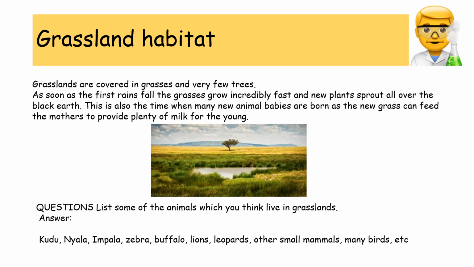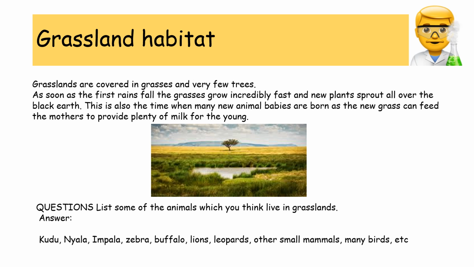What about the grassland habitats? Grasslands are covered in grasses and very few trees. As soon as the first rains fall, the grasses grow incredibly fast and new plants sprout all over the black earth. This is also the time when many new animal babies are born, as the new grass can feed the mothers to provide plenty of milk for the young.